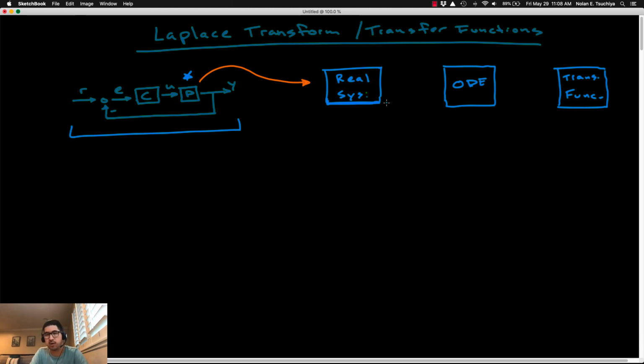For example, we took the scenario of being in an automobile and flooring the gas at a constant known input. And intuitively, we knew that the output velocity would start at zero, accelerate and taper off until you reach a constant terminal velocity.